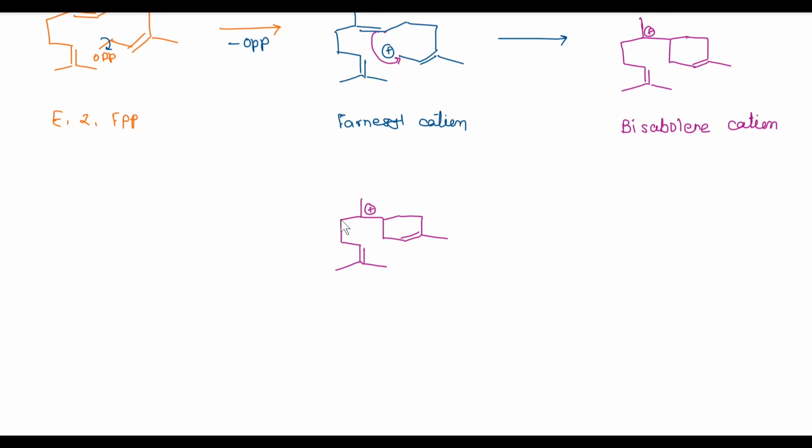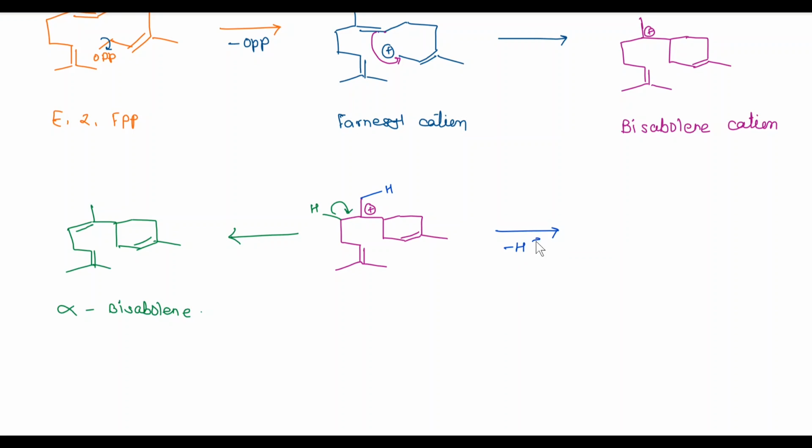So, if you lose this proton, then we get this kind of moiety, and here a double bond. This moiety is called alpha bisabolene. If we lose this proton, here minus H plus, we get this kind of moiety, which is called beta bisabolene.